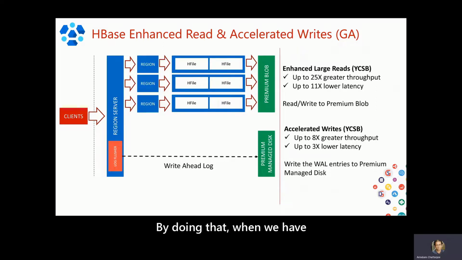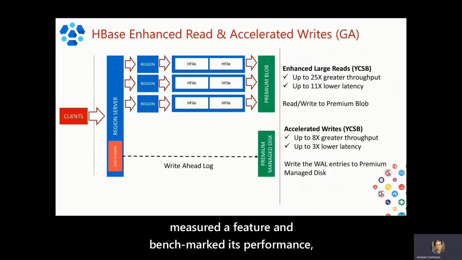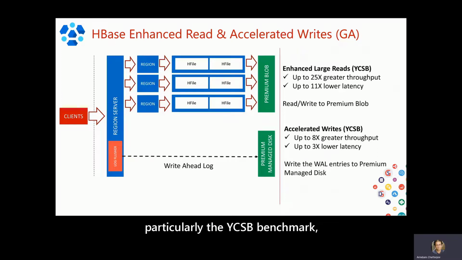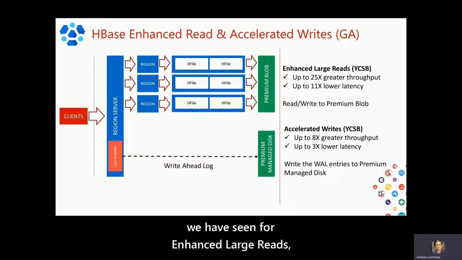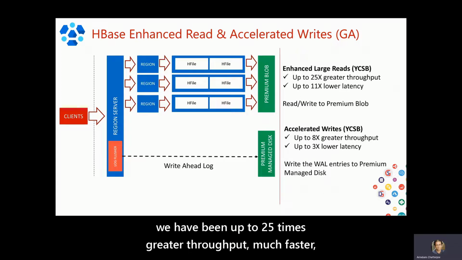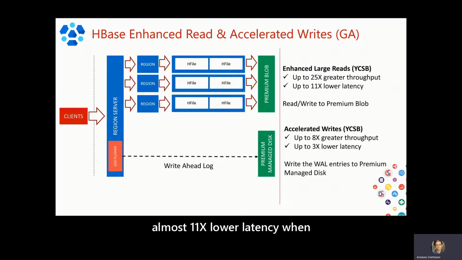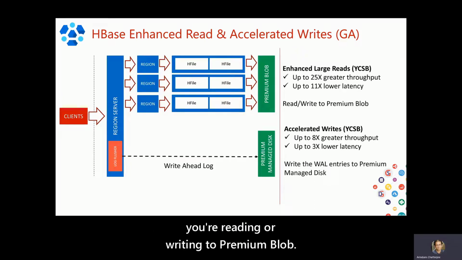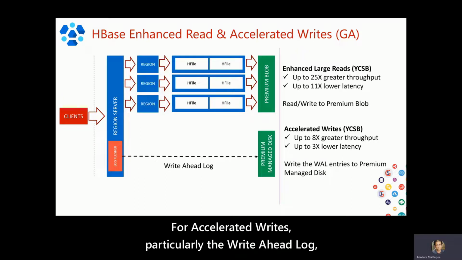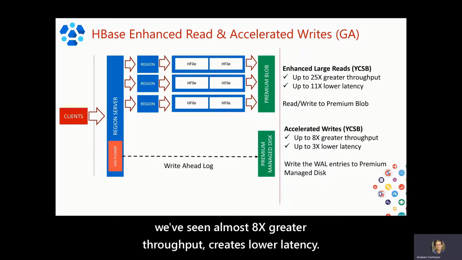When we measured and benchmarked this feature, particularly with the YCSB benchmarks, we have seen for enhanced large reads up to 25 times greater throughput, almost 11x lower latency when reading or writing to premium blob. And for accelerated writes, particularly the write-ahead log, we have seen almost 8x greater throughput, 3x lower latency.